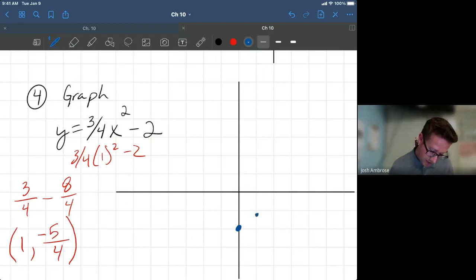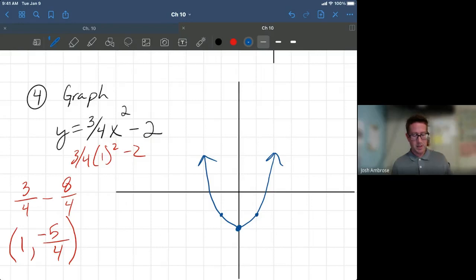Then we're going to have a negative 1, and we're going to go down a little bit more than 1. Okay, so meaning I have 1, and then I went a little bit more. I went down 1, then a little bit more. That's where this 5 over 4 is getting used. Okay, it's going to make a slightly wider parabola shape. Okay, there you go.